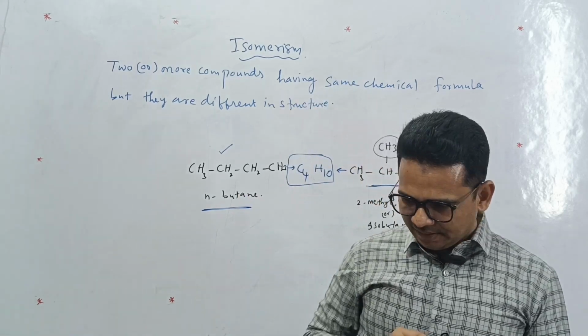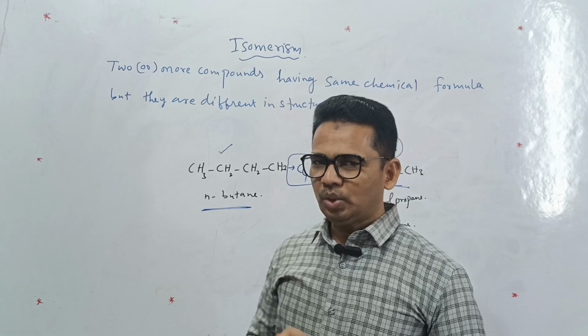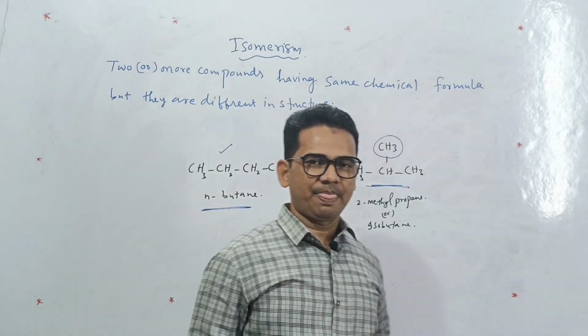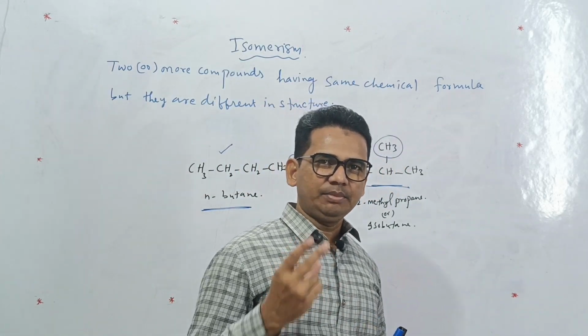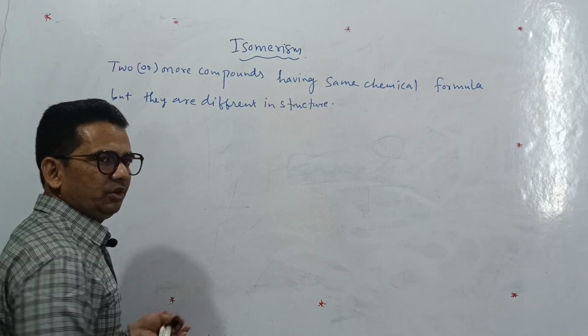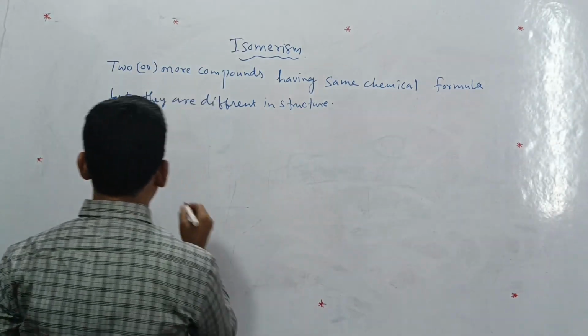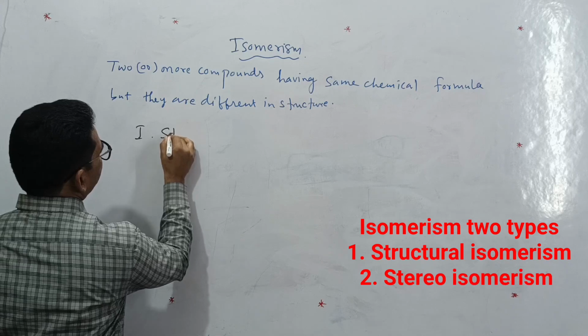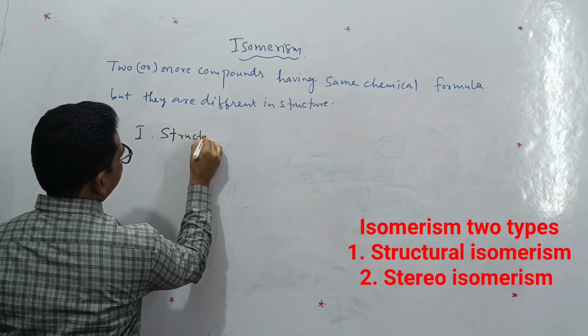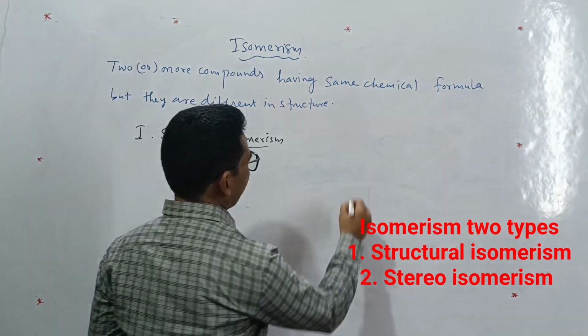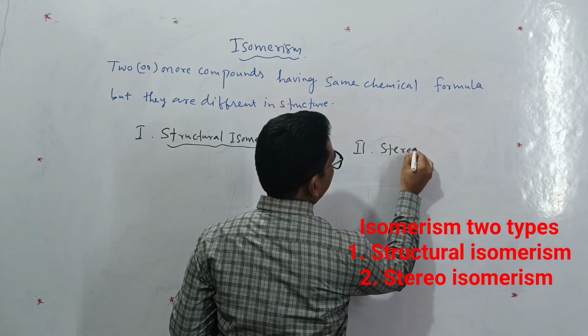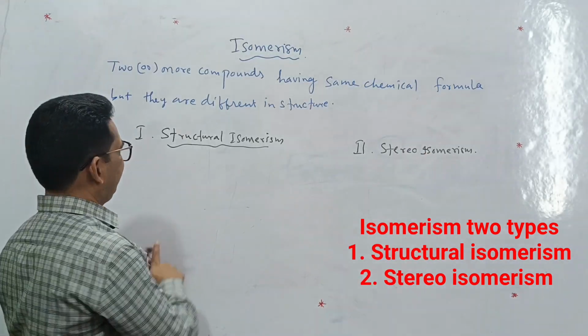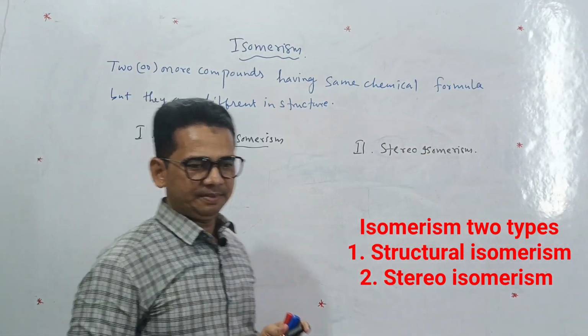But generally we have two types of isomerism. How many types? Two types. One is called structural isomerism, and the other is stereoisomerism.